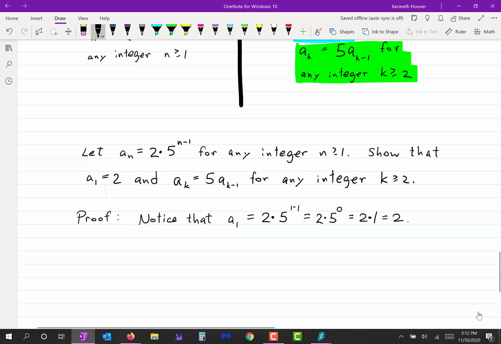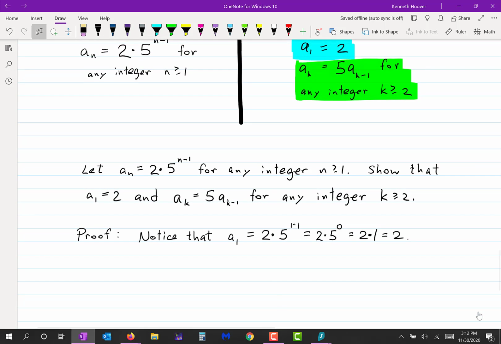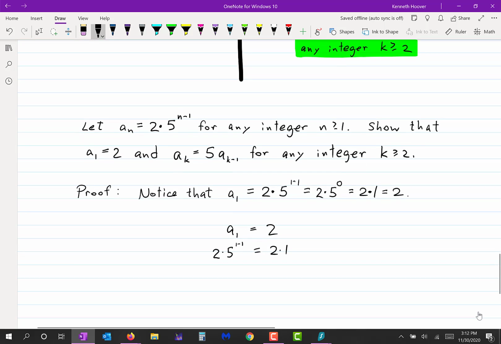Okay? Once again, notice I did not write a sub 1 equals 2 because a sub 1 is 2 times 5 to the 1 minus 1, and 2 equals 2 times 1. See, I did not write it like that.